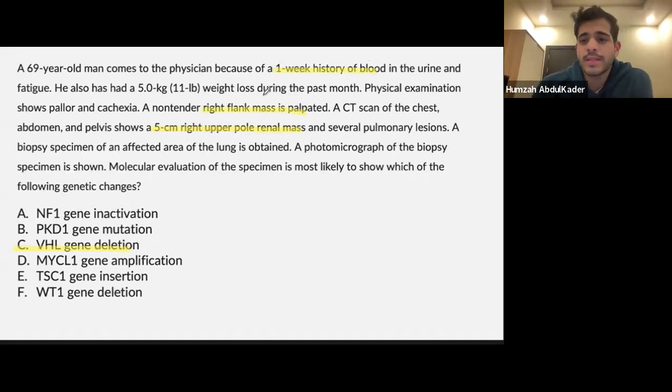They also mentioned here that he has systemic features as well, right? He has weight loss in the past month. He has cachexia, pallor, right? So all this shows that, first of all, most likely it is cancer, right? And then they say that he has several pulmonary lesions, and that means that it has metastasized to the lung, and these are called cannonball lesions, right? I'm sure you guys know that.